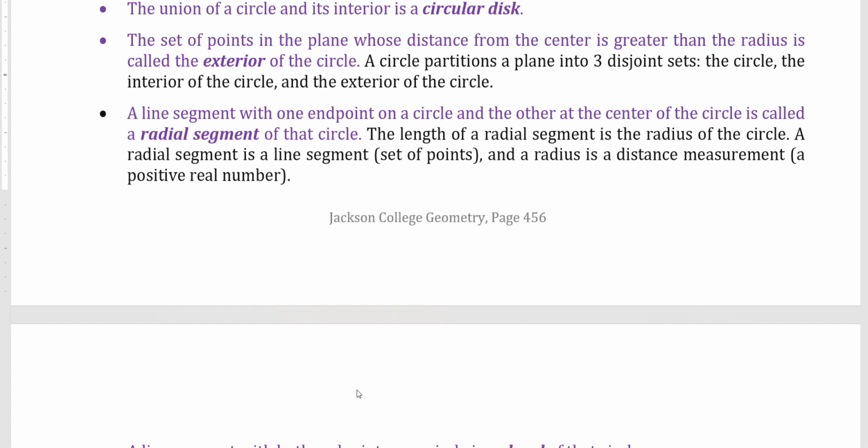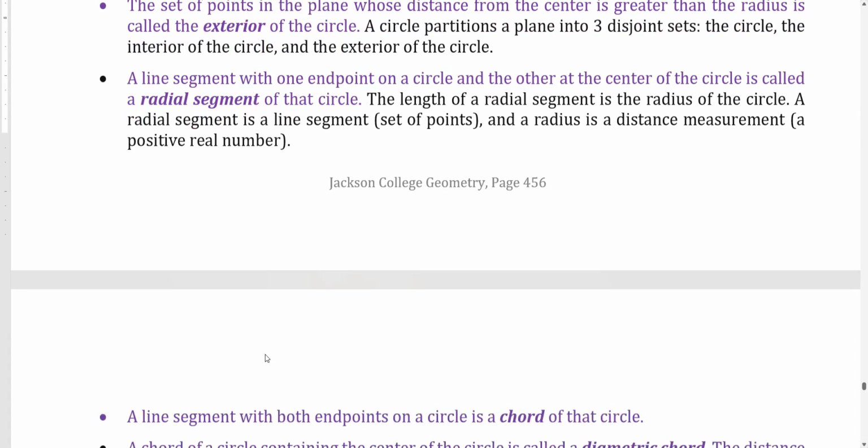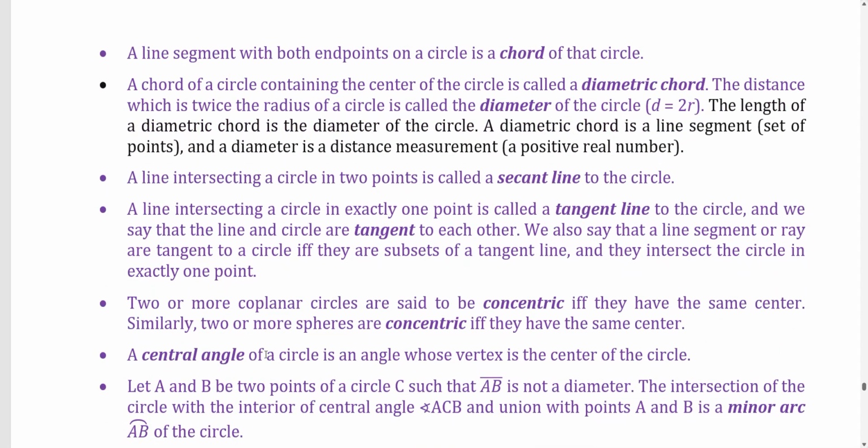I prefer not to do that because I want to make a distinction between a set of points and a number. Sometimes there's not too much confusion if you know from the context, but I'd rather do it this way to make it cleaner.